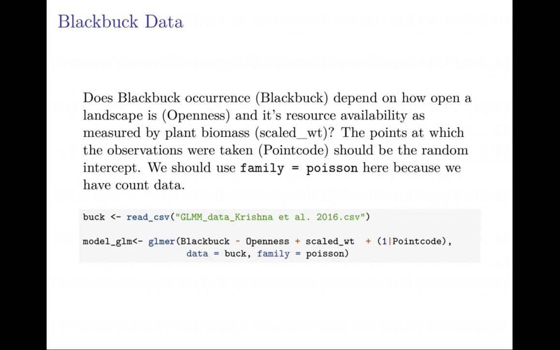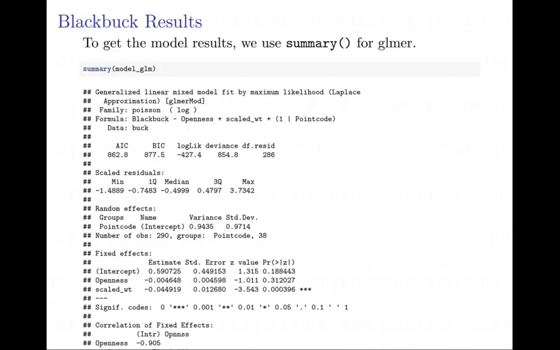The points could be different. There could be something about those points that are not independent, so we want to make sure that we include that as a random effect. And of course, we want to use family equals Poisson because we have count data.